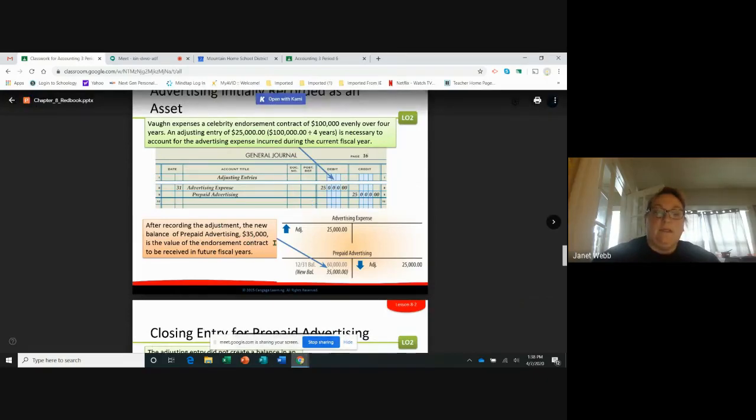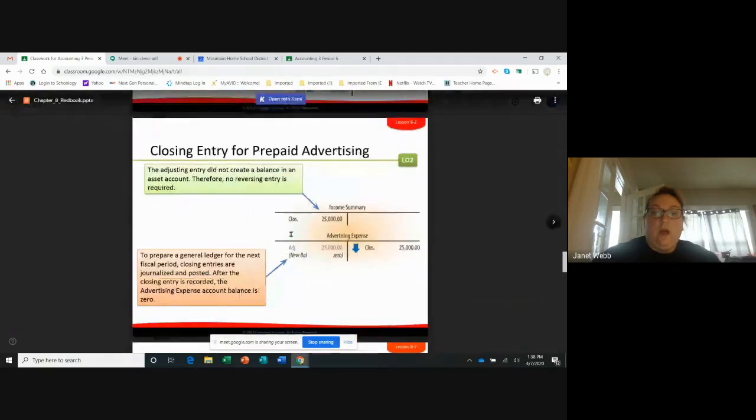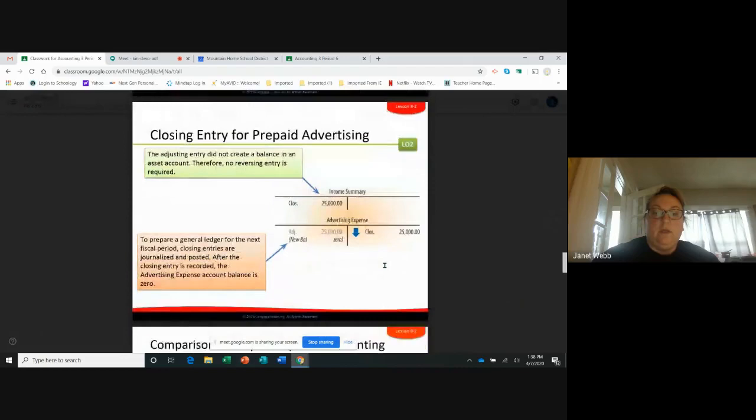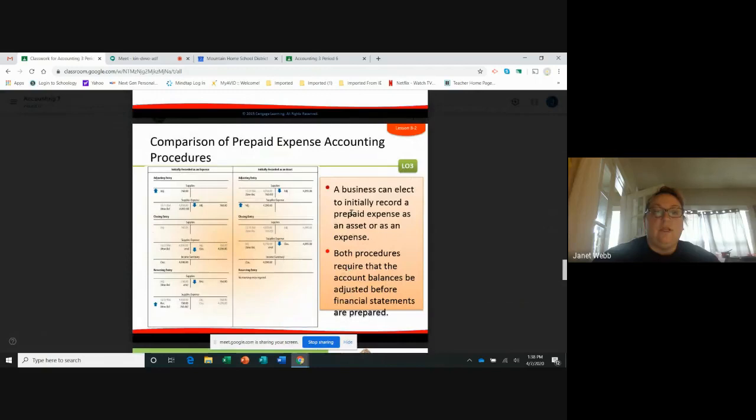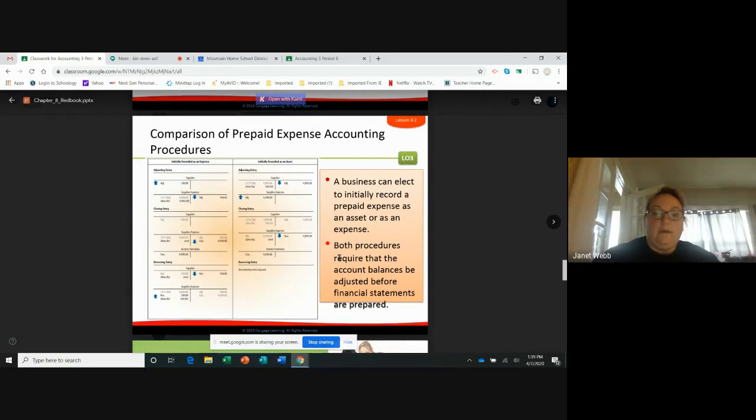We're prepaying because it's a contract. And obviously once it's closed, then you might have to do a reversing entry. They give you here an example of a comparison of prepaid expenses: what it looks like with the adjusting entry, the closing entry, and then the reversing entry here. And then what it looks like with just the adjusting entry and the closing entry. So it's not necessarily required, but they could possibly do that.